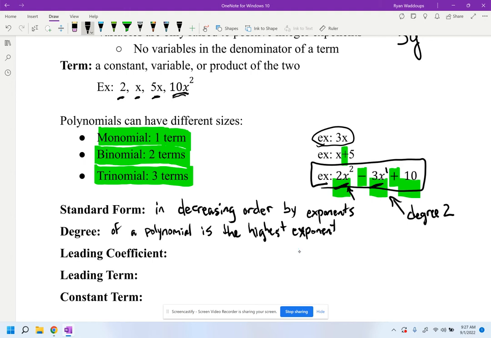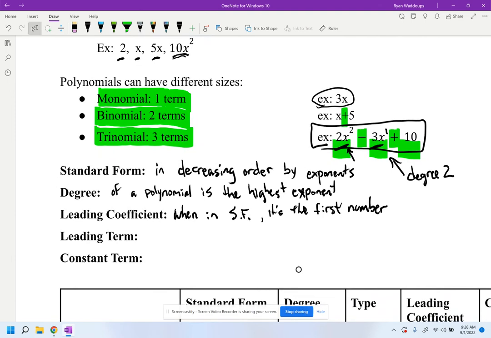The leading coefficient, when in standard form, it's the first number. And then the leading term, the term in front, to the left.